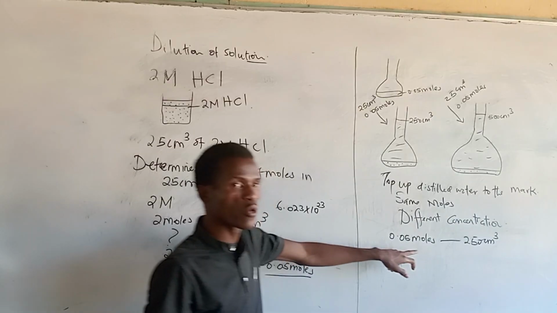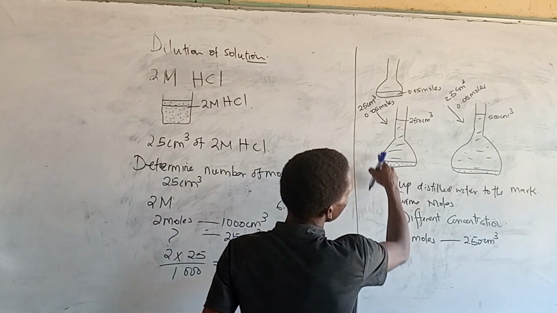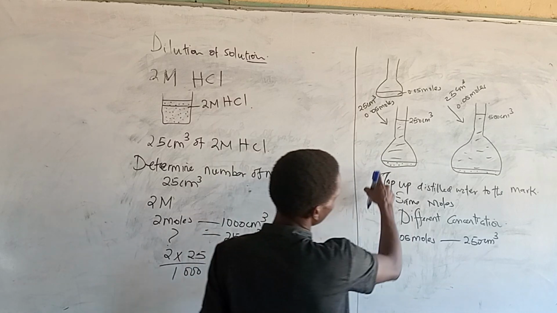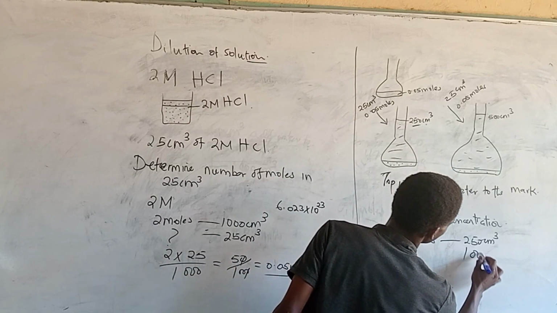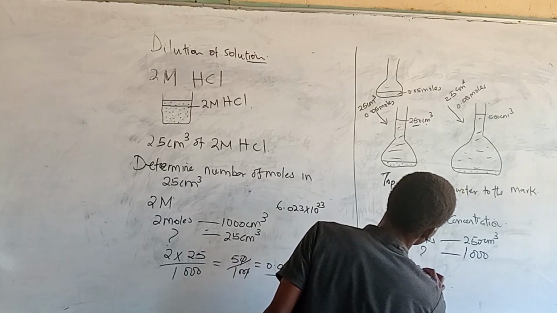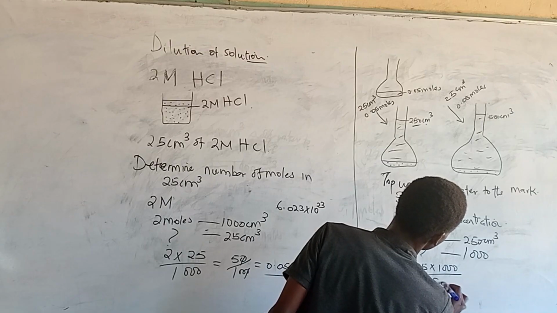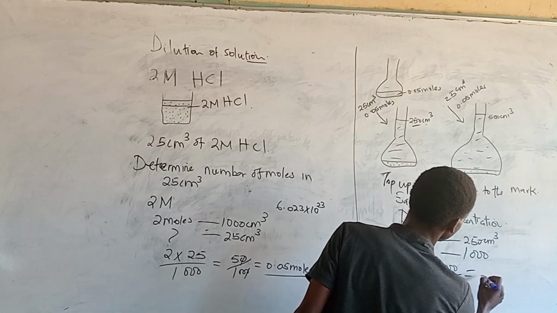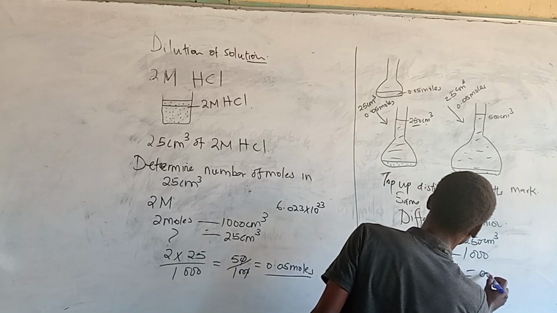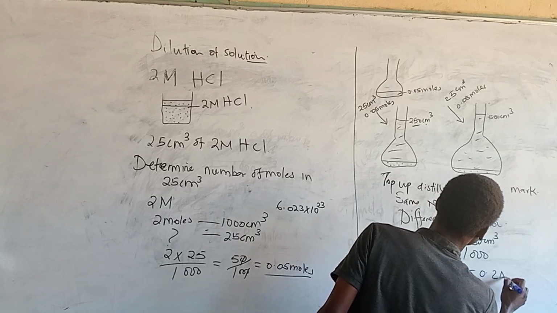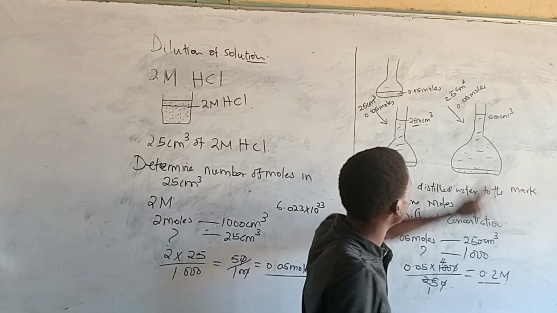But our concentration, what we call molarity, we want to ask ourselves, in this volumetric flask that is 250, what about 1,000? We cross multiply: 0.05 times 1,000 divided by 250. So what are we going to get here? We are going to get 0.2. So this will be the concentration in this flask.